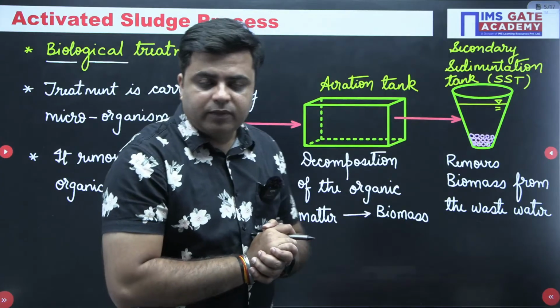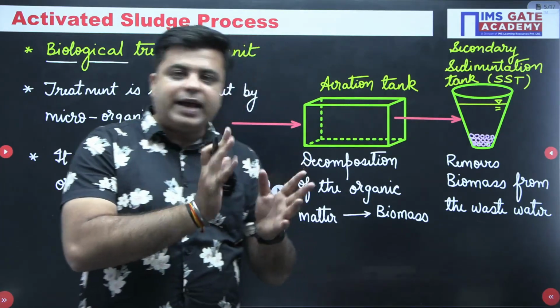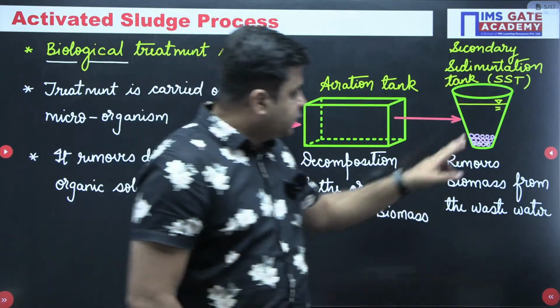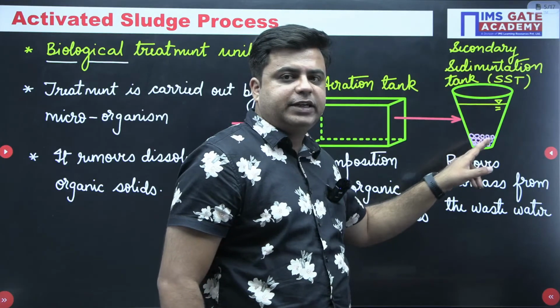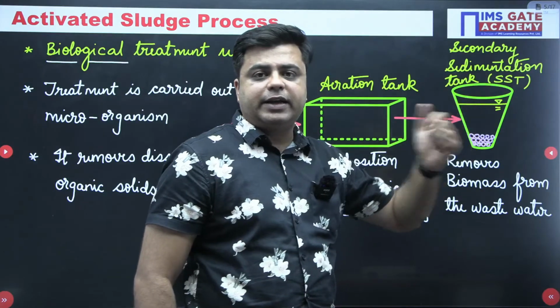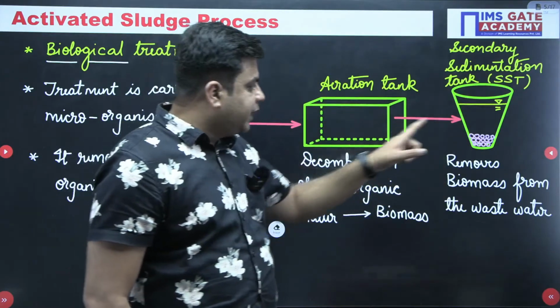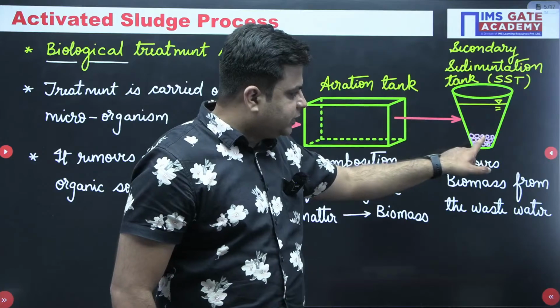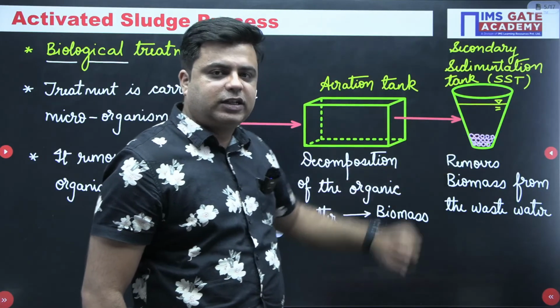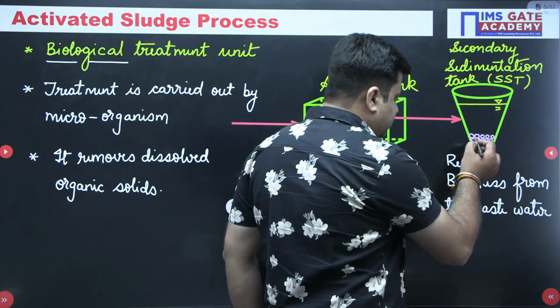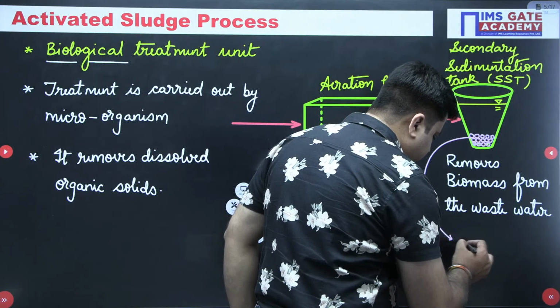Now my dear, biomass contains active microorganisms. Whatever sludge you get from the secondary sedimentation tank will also contain active microorganisms. That is why this sludge of the secondary sedimentation tank is known as the activated sludge.